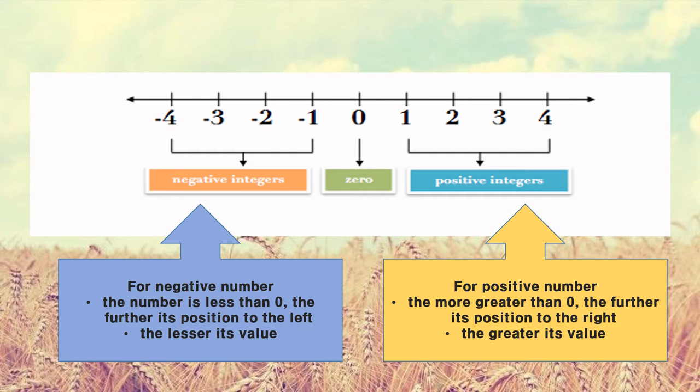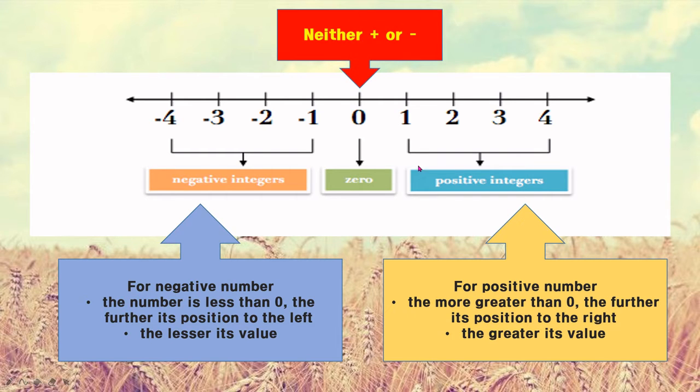So this is how we arrange the integers on the number line. When we move to the middle, we have our 0. Please remember our 0 is not positive and not negative. Neither positive nor negative. Dia bukan sekali positif, bukan juga negatif.